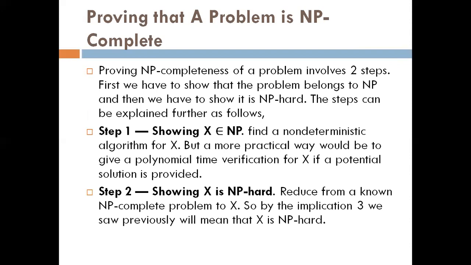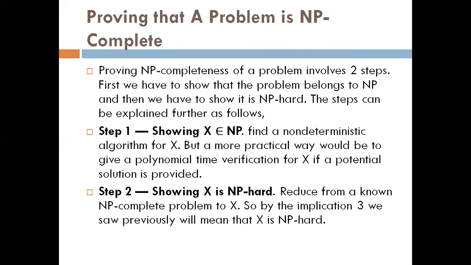Proving NP completeness of a problem involves two steps. First, we have to show that the problem belongs to NP, and then we have to show that it is NP hard. The steps can be explained further as follows. Step 1, showing X belongs to NP: find a non-deterministic algorithm for X, but a more practical way would be to give a polynomial time verification for X if a potential solution is provided.